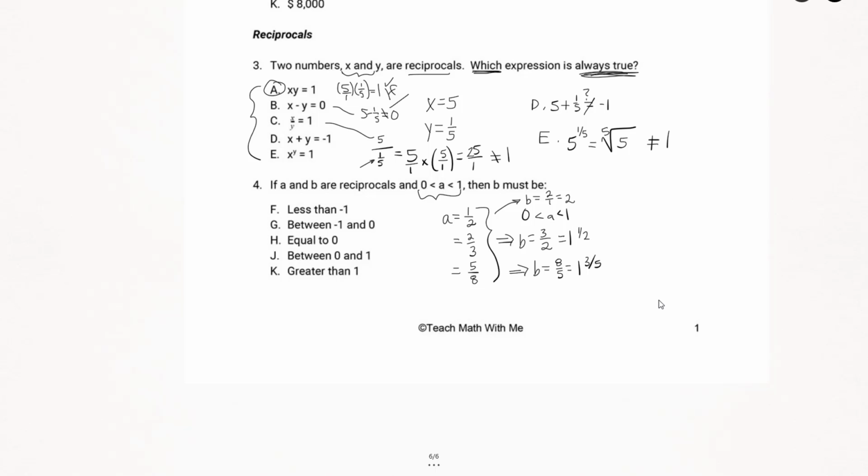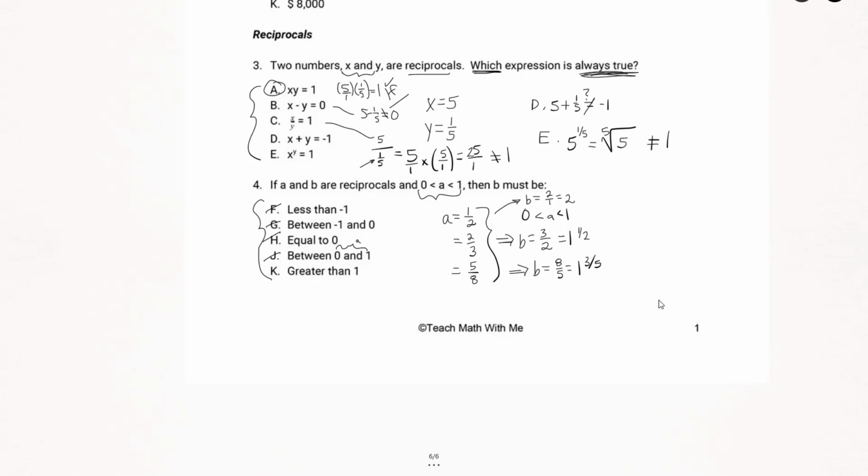So which one of these choices, F through K, describes that? Less than -1, no, because we're not even involved with negative numbers. Between -1 and 0, again, no negative numbers. Equal to 0, no. Between 0 and 1, that would make them fractions, which is what A is.